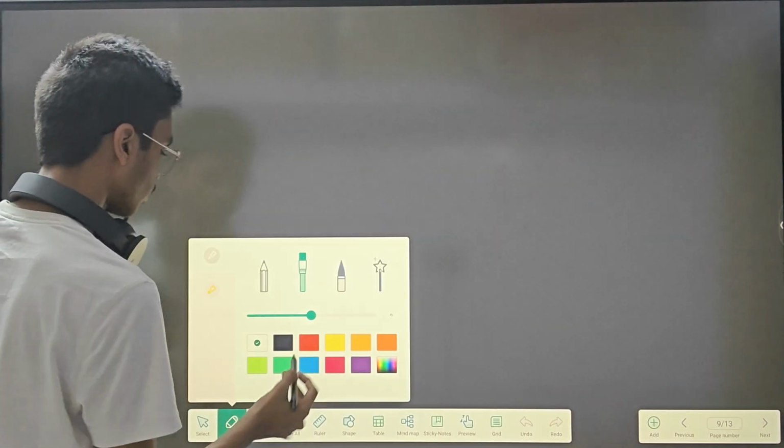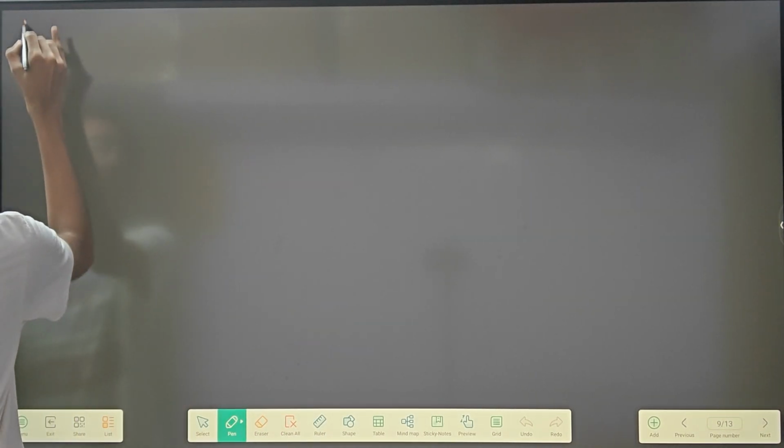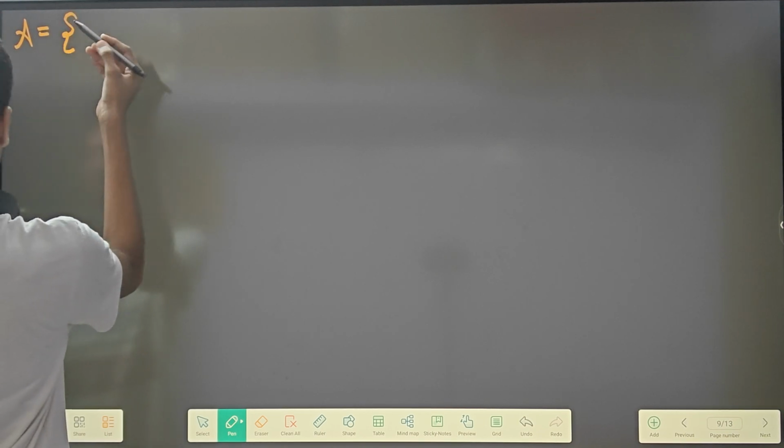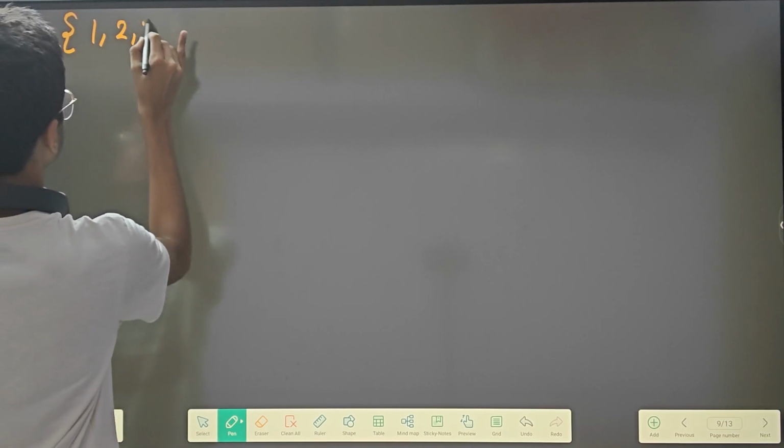Okay, so the given set A is equal to 1, 2, 3.